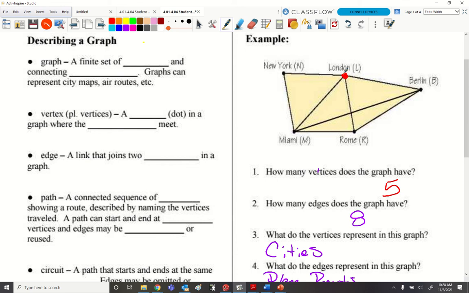Do you got it, Calvin? We have to use all the lines in it? Yes. A Euler circuit, you have to use everything once.